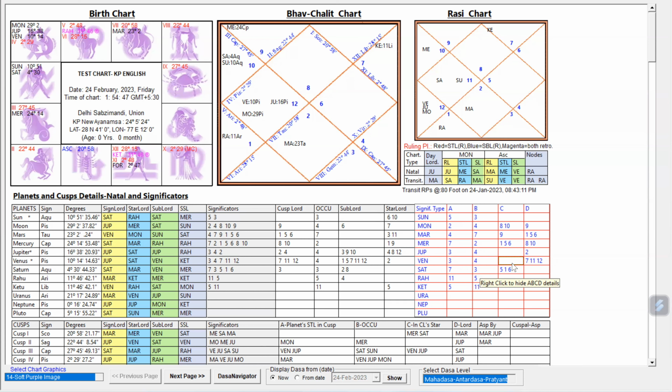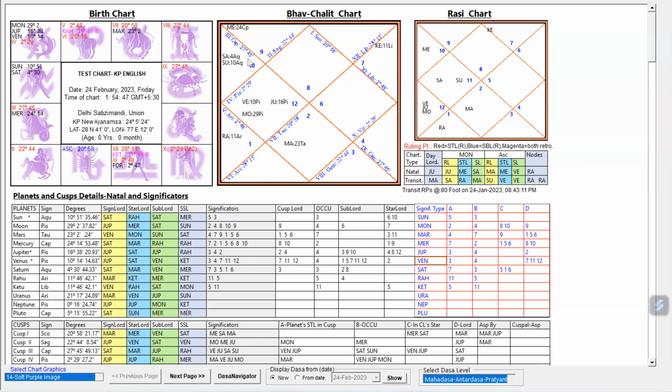Now at C, Venus will give the result of Saturn's signs. Saturn's signs are 10 and 11. 10 is in the third house, but the 11th sign is not there in this chart, so we just skip that 11th sign. So third at level C.